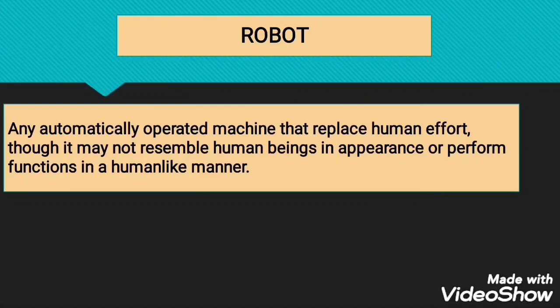We are taking advantages from robots. In our surroundings there is different risky work, and because of the value of human life we don't want to take the risk anymore, so we are taking different advantages from the robot.